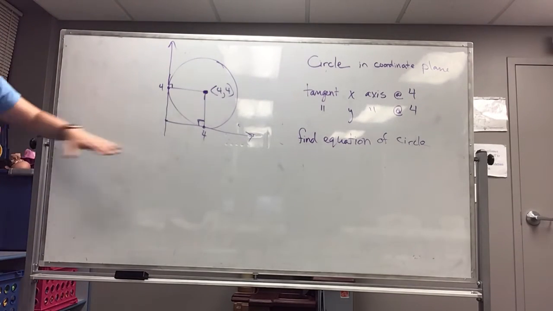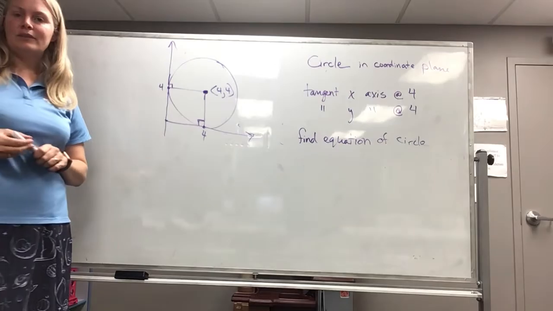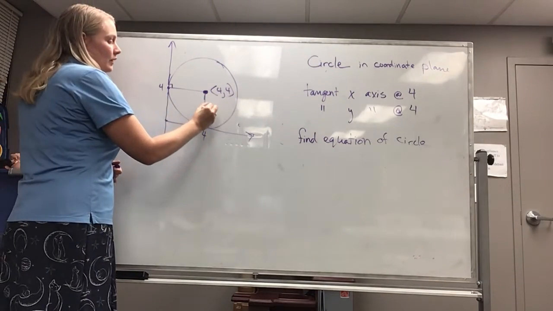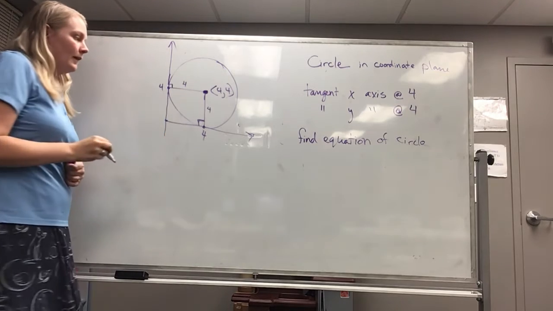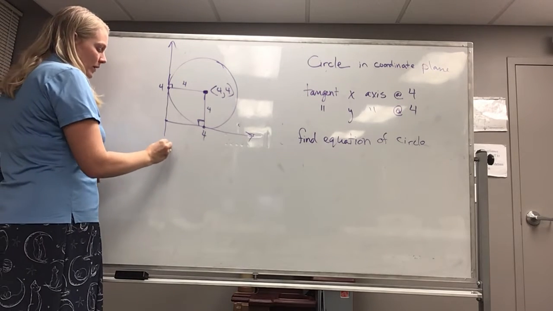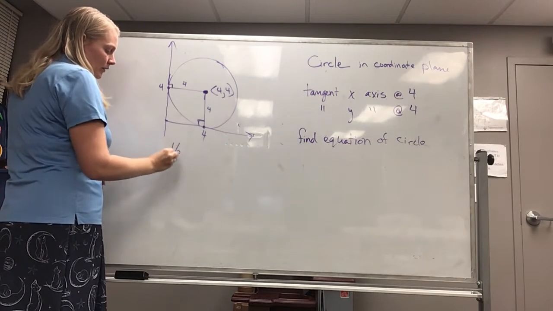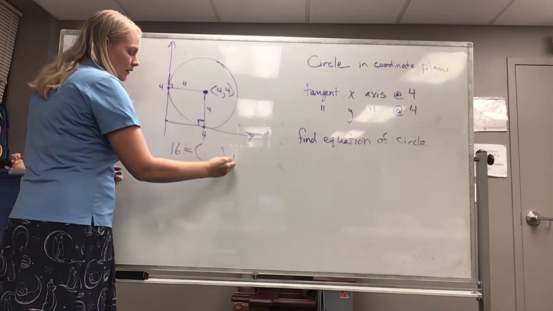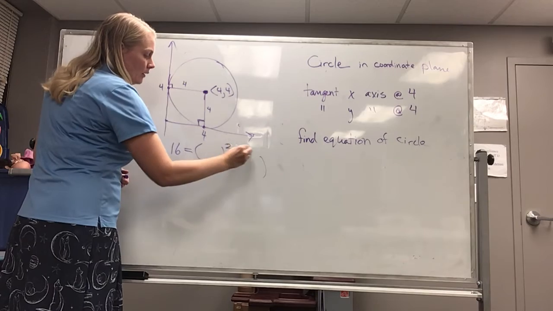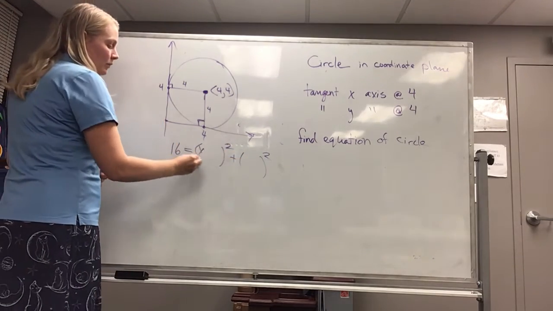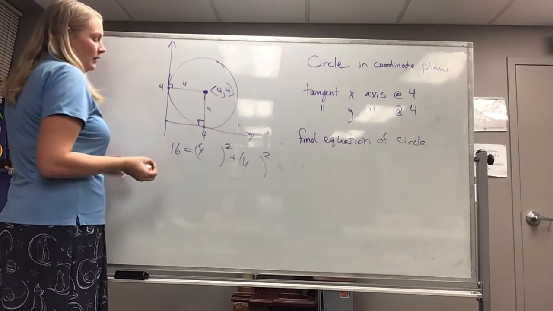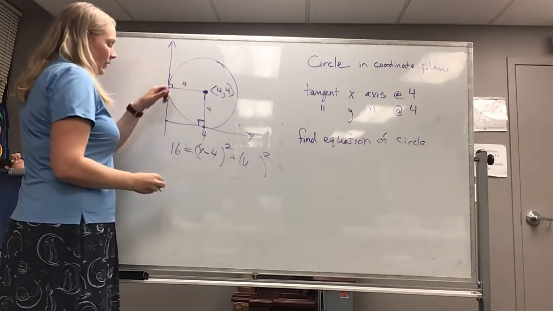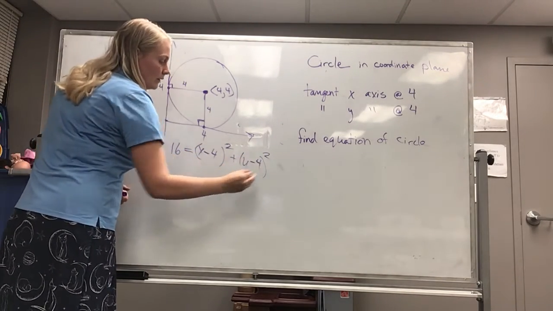Again, because it's tangent at this axis, which is 0, our radius distance is also 4. And so our equation is going to be that 4 squared, or 16, equals, again, x piece and y piece. We have a coordinate of 4, so it's x minus 4 and y minus 4.